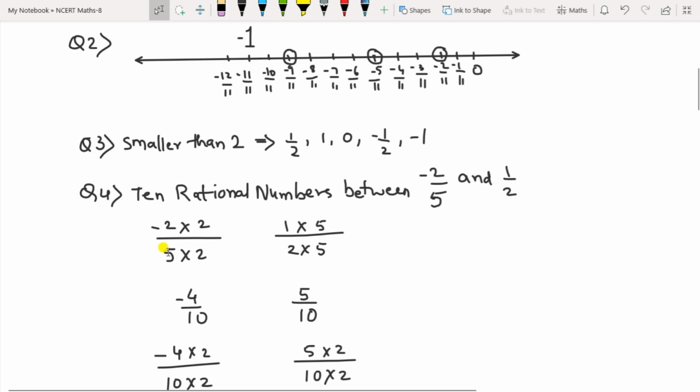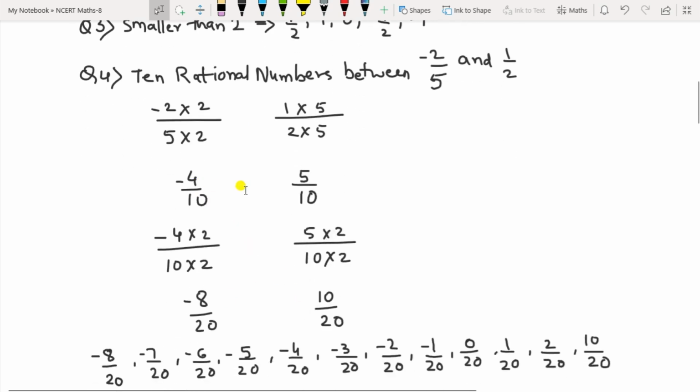So take the LCM of these two denominators. Here you get minus 4 by 10 and here it is 5 by 10. Between minus 4 and 5, you still cannot get 10 numbers. So increase the denominator. You can multiply by any number, but the number should be the same on both the left side and right side, for both the numerator and the denominator.